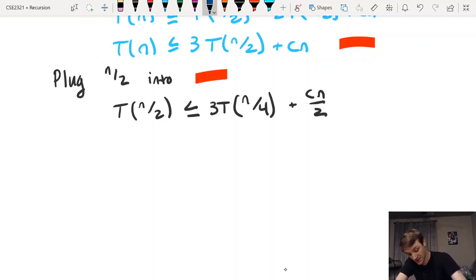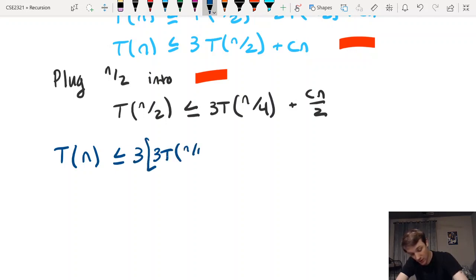So that gives us t of n less than or equal to 3 times 3t of n over 4 plus 3cn over... Sorry, just skipping ahead. Plus cn over 2, plus, I still have a cn in the original equation.